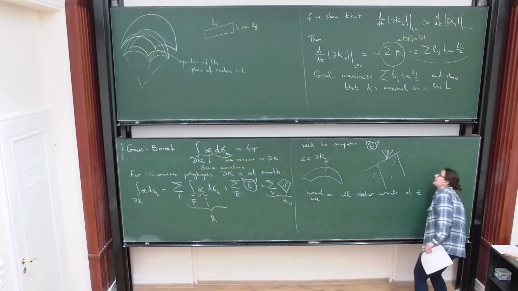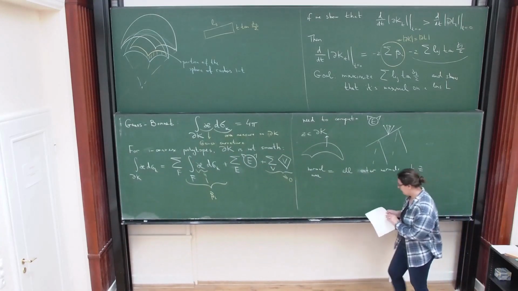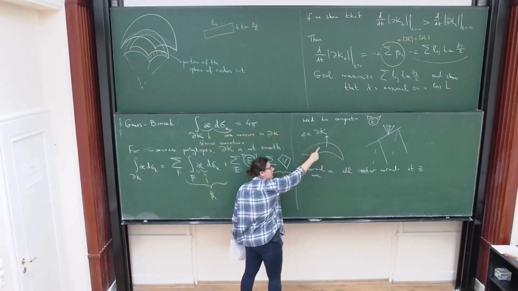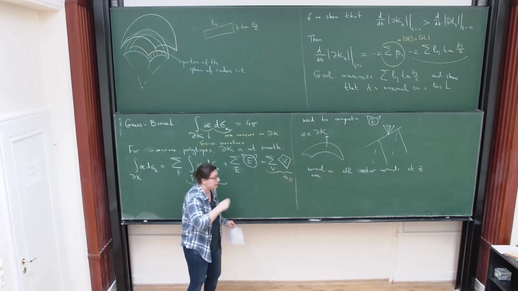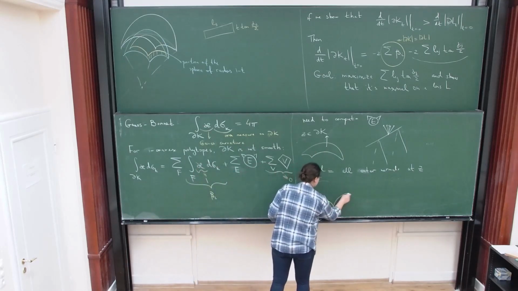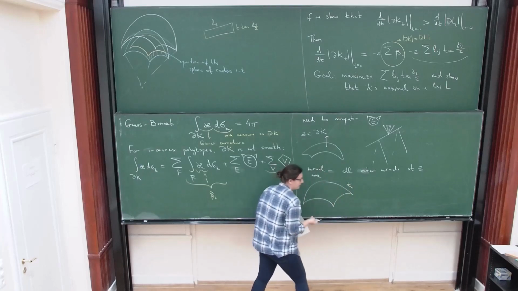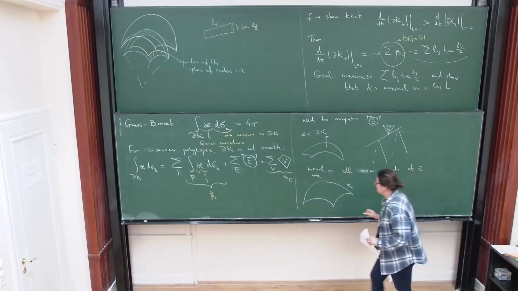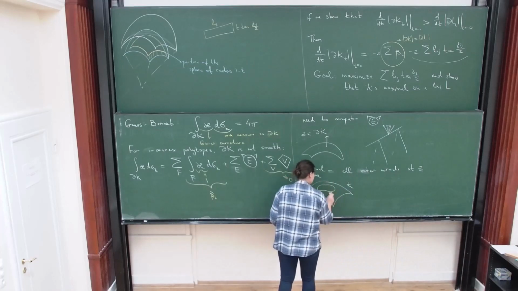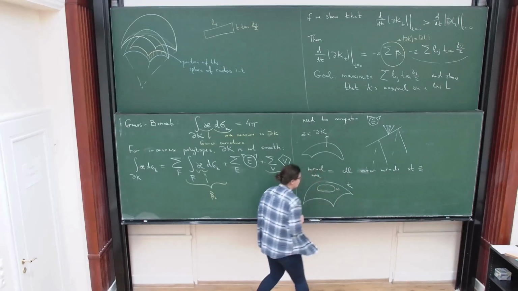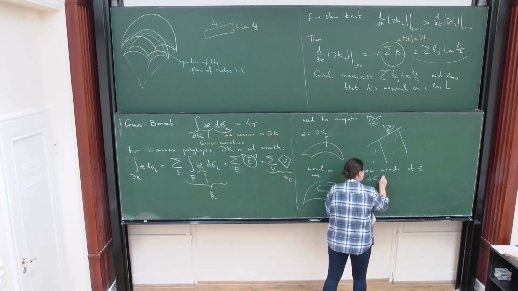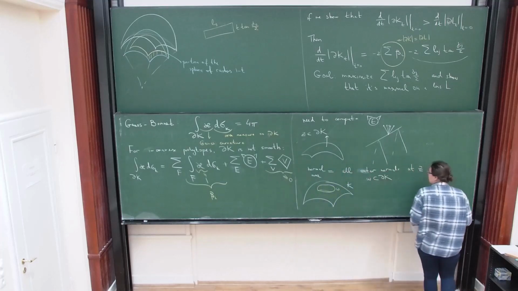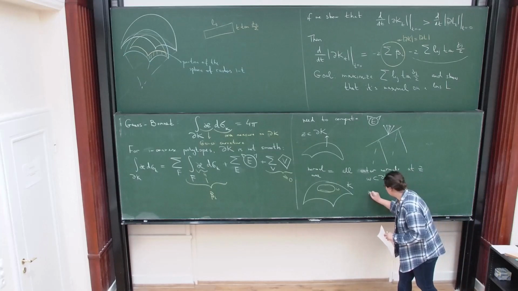Now, really, I need to think about the following. I might not have to take only one point on the surface. I might need to look at some region on the surface and look at all the normals that correspond to this region. So if I have my K, let's say some region omega that lies on the boundary of K. Then I can consider the following quantity, which I'm going to call U of omega.